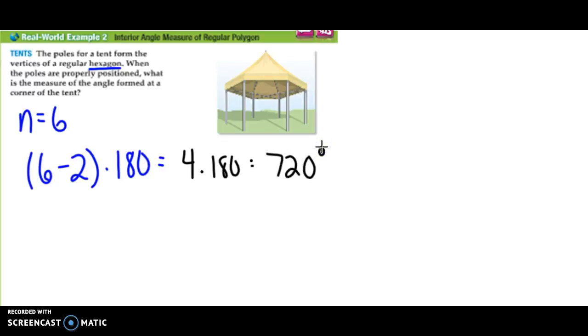So the total of all of my angles is 720 degrees. And I said, okay, well, if it has 6 sides, it means it also has 6 angles. So I take the 720 divided by 6, and I find that each angle is going to be 120 degrees.